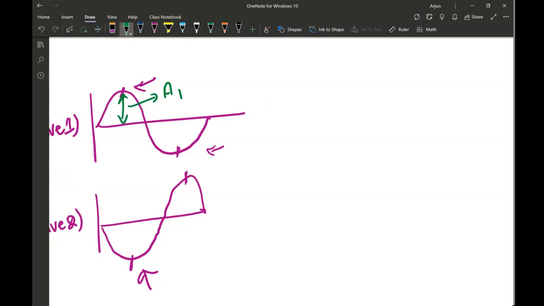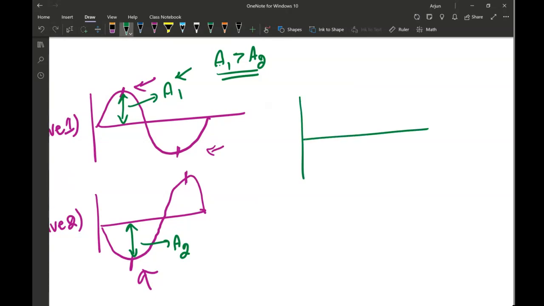So let's say this is A1 and this one is A2, and I'm assuming A1 is greater than A2, meaning this wave has a bigger amplitude than the second wave. Now, as I said, the crest meets the trough of the other wave, then they will try to cancel out each other. The final wave which will be generated will be like this, A1 minus A2.